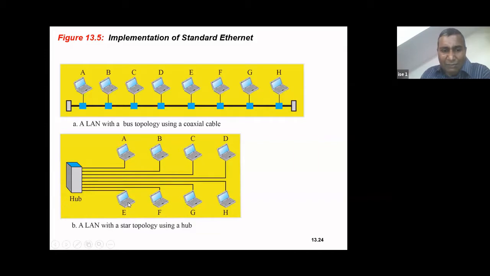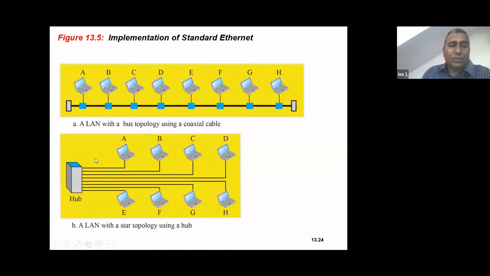In this case, it will send the data frame to the hub. The hub will not check the destination address. What it will do is simply regenerate all the bits, like zeros will be restored to zeros and ones will be restored if the signal strength has come down. As I told you in the very first module, these bits that are being sent are converted into voltages, electrical signals.